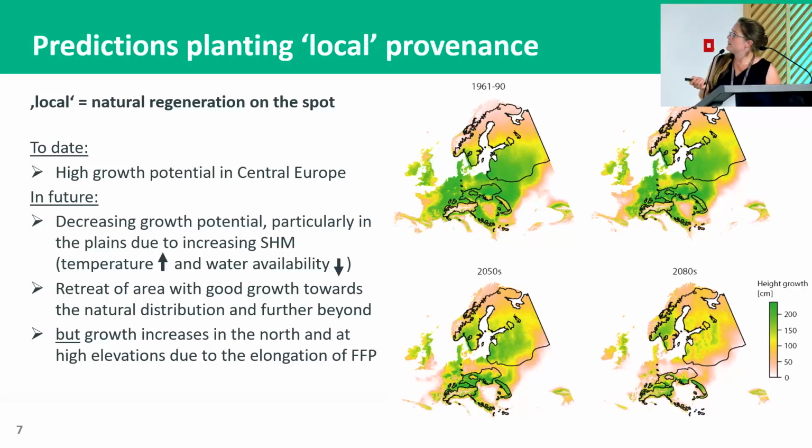But if you take a look, for example, here at the Carpathian area, where we are now, there we actually see an increase in growth potential. And this is due to the elongation of the frost-free period. So if the frost-free period gets longer, the spruce has a longer time to grow, and then according to the model, it will have a better growth potential.